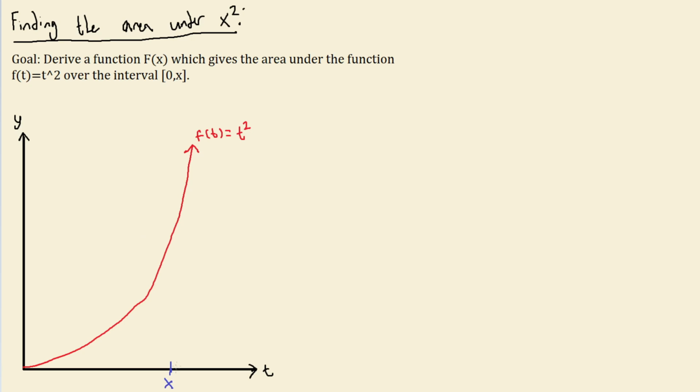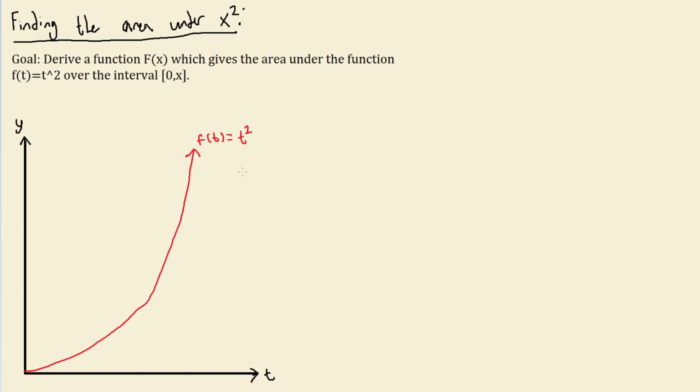If this was our value of x, then our capital F of x function will give us this area here, the area under the curve f of t is equal to t squared from 0 to x. This is what our function is going to give us, and we're tasked to figure out what this function would be. And so let's see how we could start with this process.